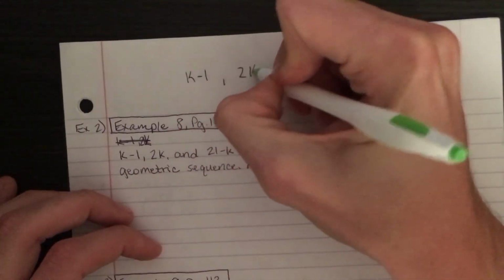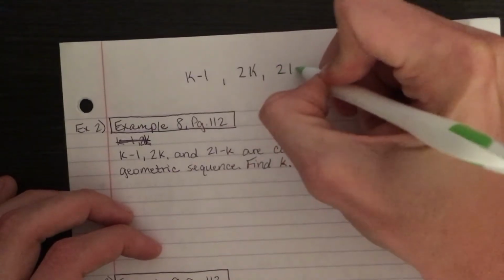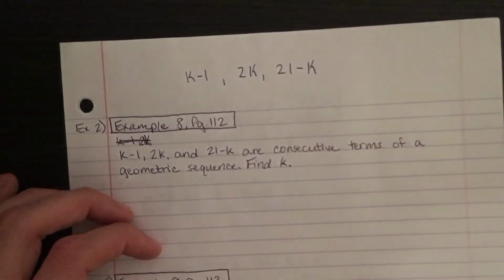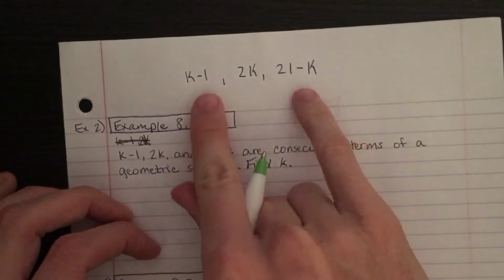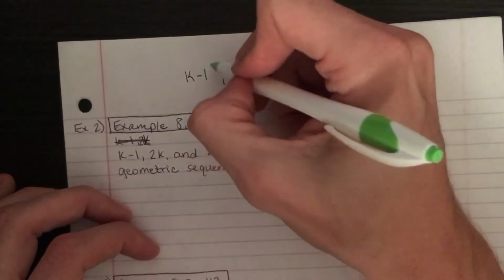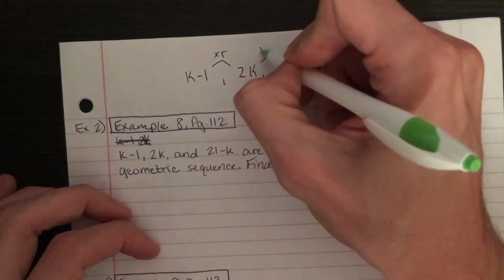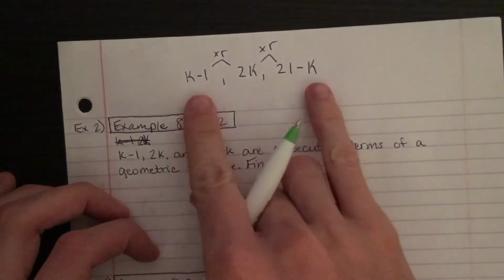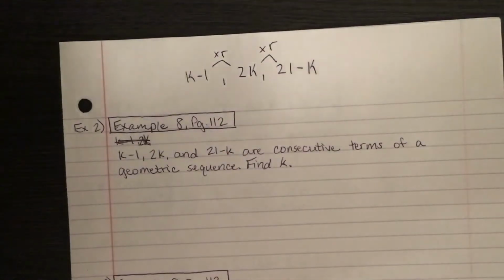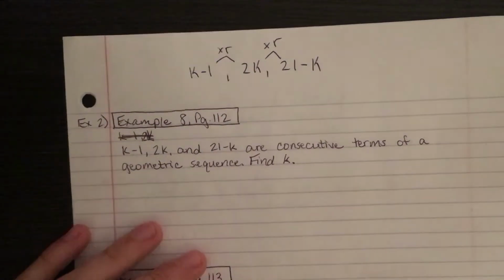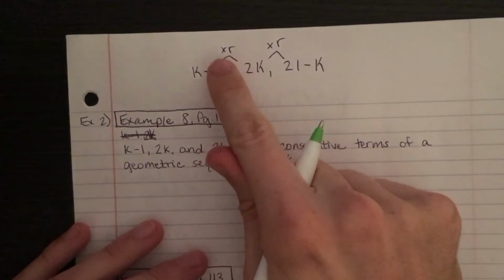So if we list these numbers out, if we multiply by r, whatever r is, we're going to get this pattern of multiplying by the same number.